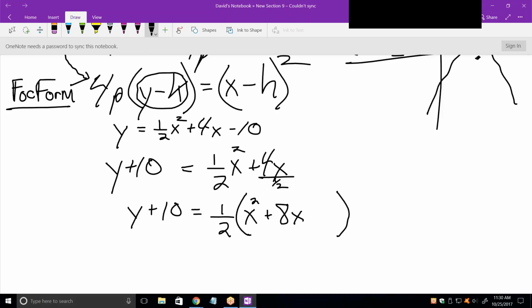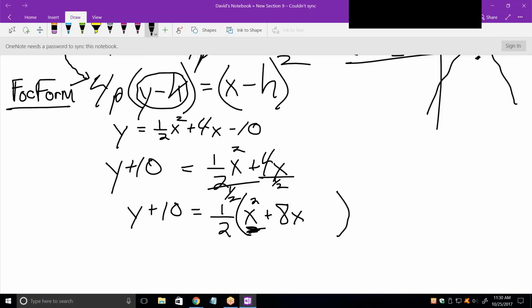So the way you get these other two terms is to divide both terms. I'm going to divide that term by 1/2. The 1/2's cancel, and I'm left with x squared. Okay. So now I am in a position to complete the square.